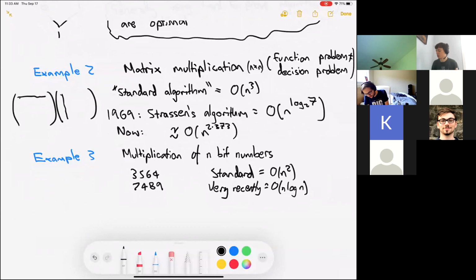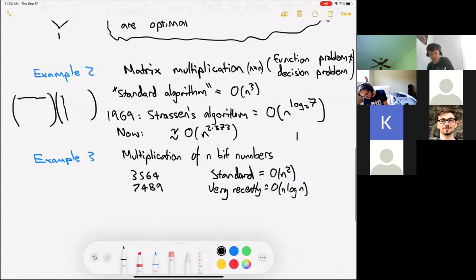But the important lesson of both these things is that neither of these optimal algorithms, for matrix multiplication or for multiplication of large numbers, are ever actually used in practice. This is not because people are too lazy to code it up.